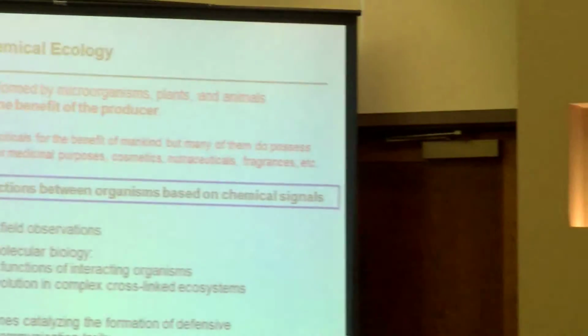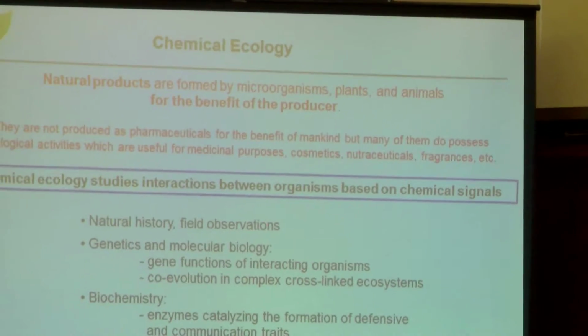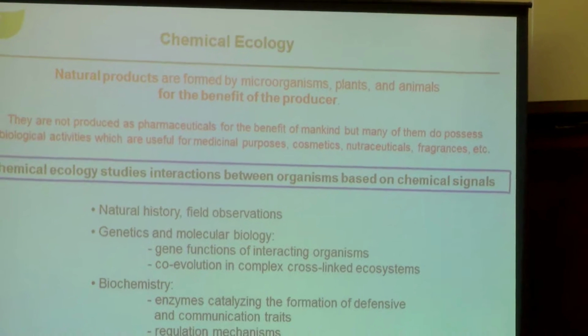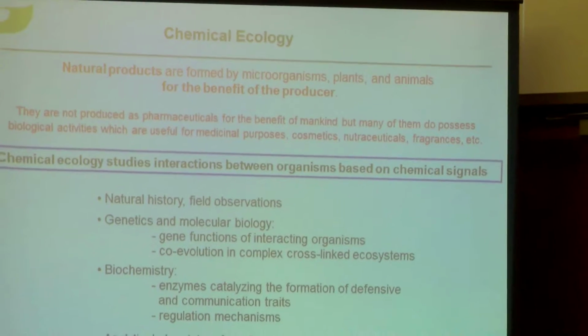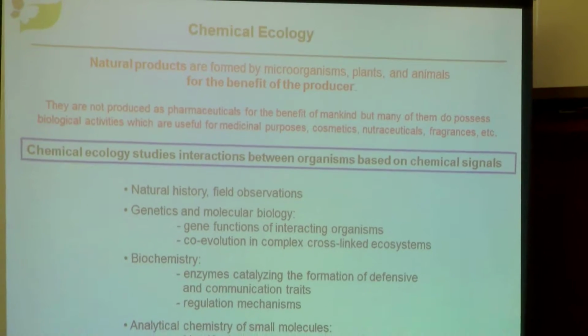Since I am a somewhat exotic speaker here, I would like to introduce you a little more to chemical ecology and to natural products in chemical ecology. Natural products are formed by microorganisms, plants, animals and other beings for the benefit of the producer.